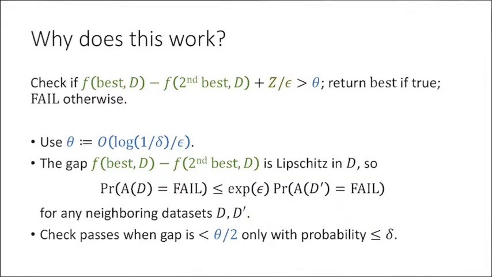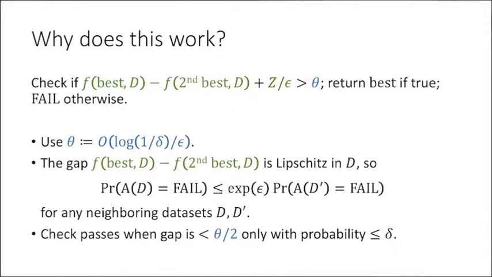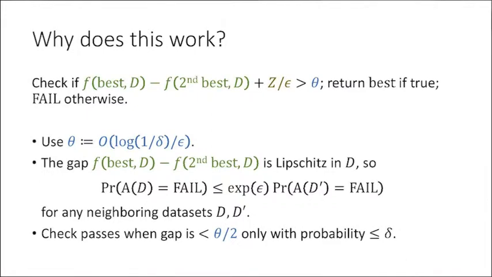So the chance that you fail cannot change too much, because you fail exactly when the actual gap is bigger than some threshold value, and that won't change too much when you change one item in the data set. That just follows from the property of the Laplace distribution, the fact that it has exactly this double exponential tail.